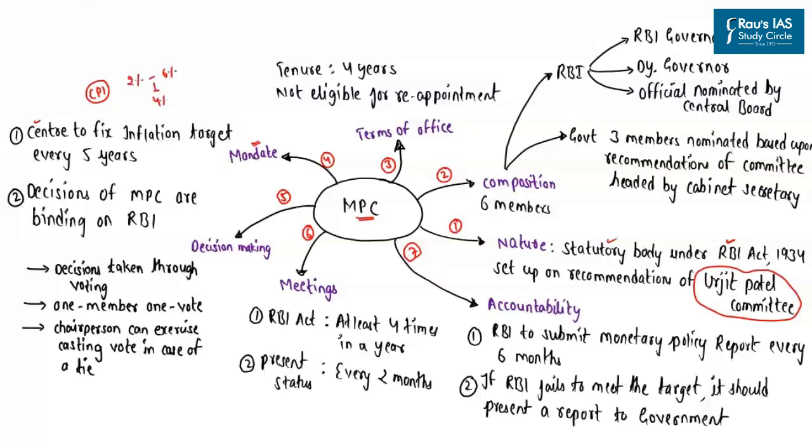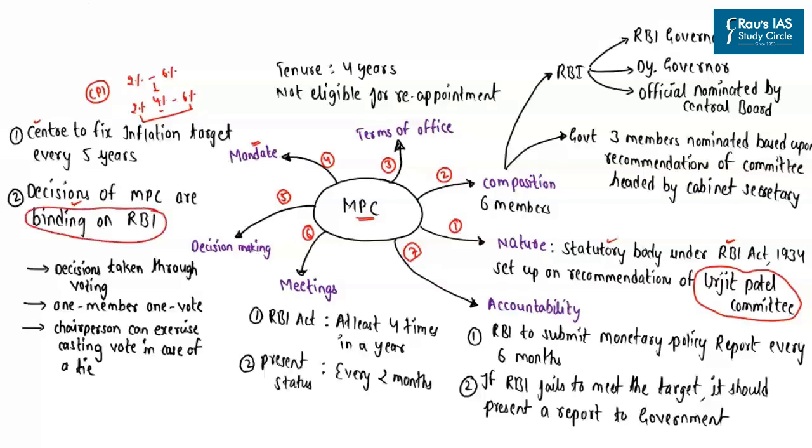So ideally the CPI rate of inflation should be at 4%, and this CPI rate of inflation could vary between 2 to 6%. But the overall CPI rate of inflation should be in this particular band of 2 to 6%. So in order to keep this inflation within this particular target, the MPC takes certain decisions. So please do remember that the decisions which are taken by the Monetary Policy Committee are actually binding on the Reserve Bank of India.